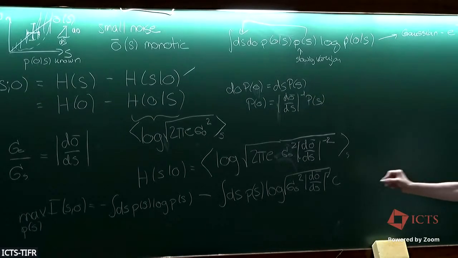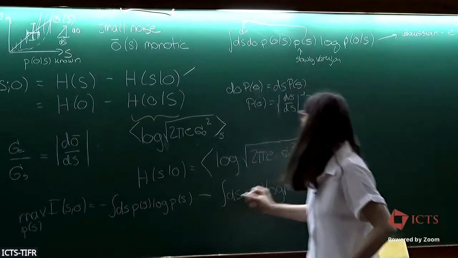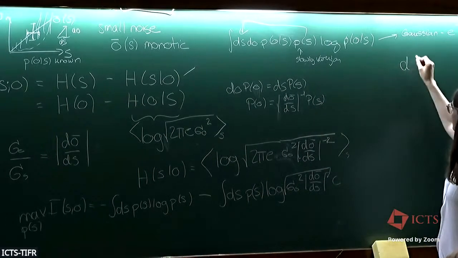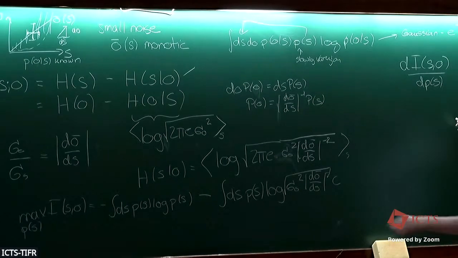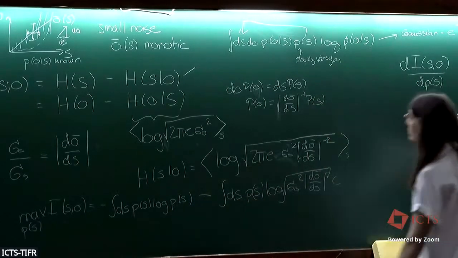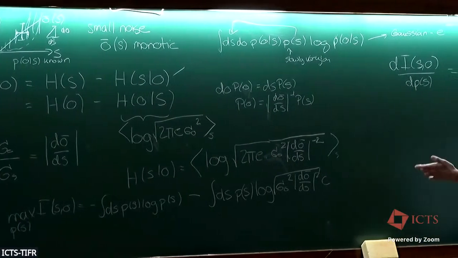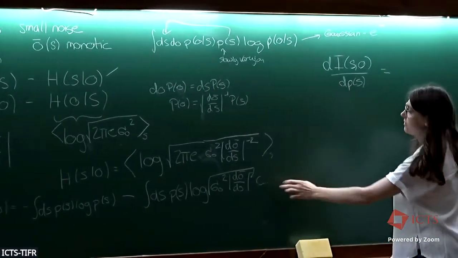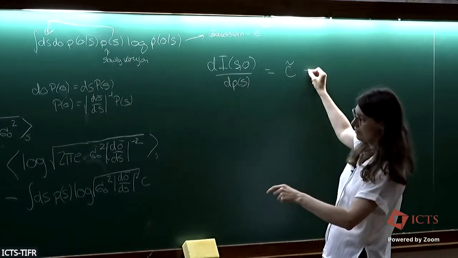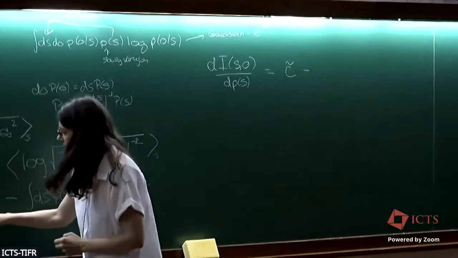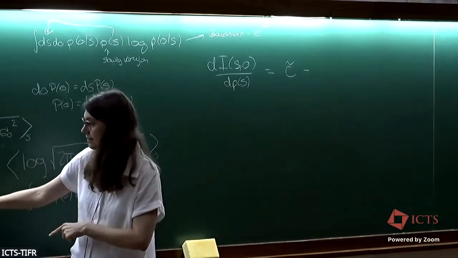Now you can do these partial derivatives. When you take the derivative with respect to PS, from this term you get a constant, like a 1, and you also get a constant from this term, so I'll just write some constant down. The log gives you 1 over PS, which cancels this PS.